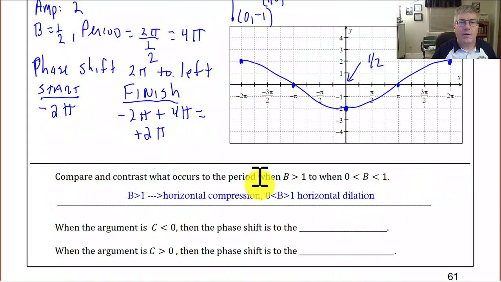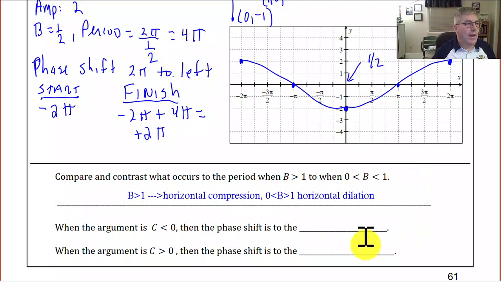Here we're asked to compare and contrast what occurs to the period when b is greater than 1 to when b is between 0 and 1. Well, we saw in example 1, our b was 3, and that compressed our period, or our sine curve. So b greater than 1 is going to be a horizontal compression.